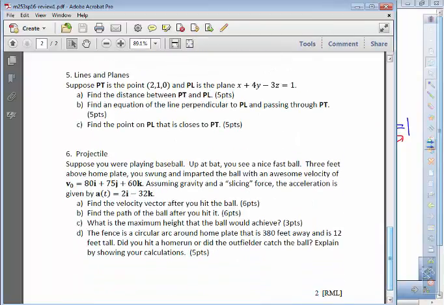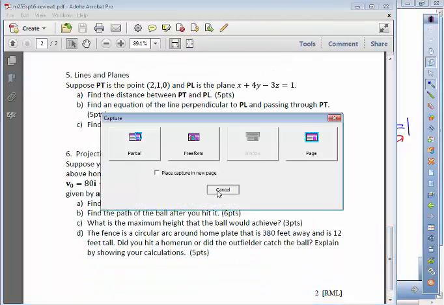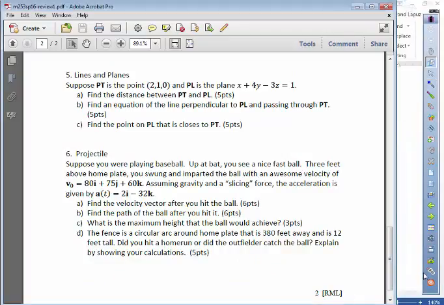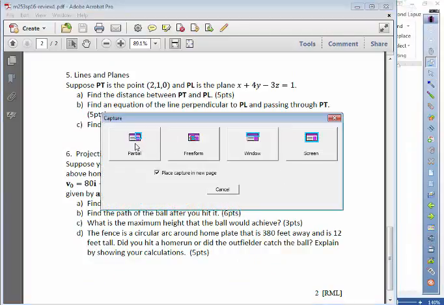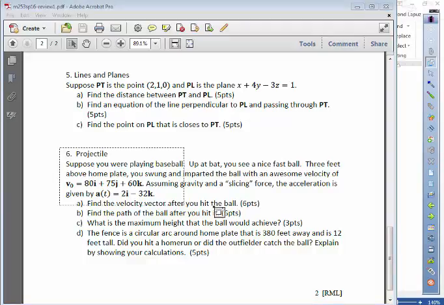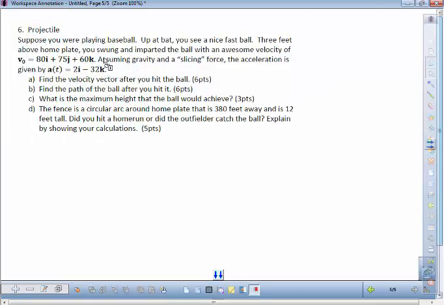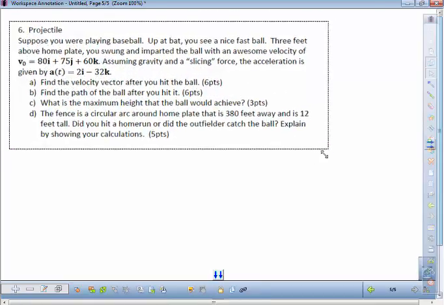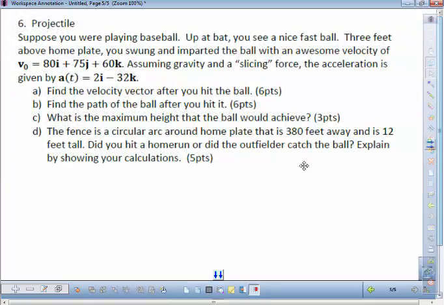I know the Giants are practically out, but let's do a baseball one. So, you're playing baseball, you see a fastball 3 feet above home plate, you swung and hit the ball with a velocity of 80 in the I, 75 in the J, and 60 in the K direction.